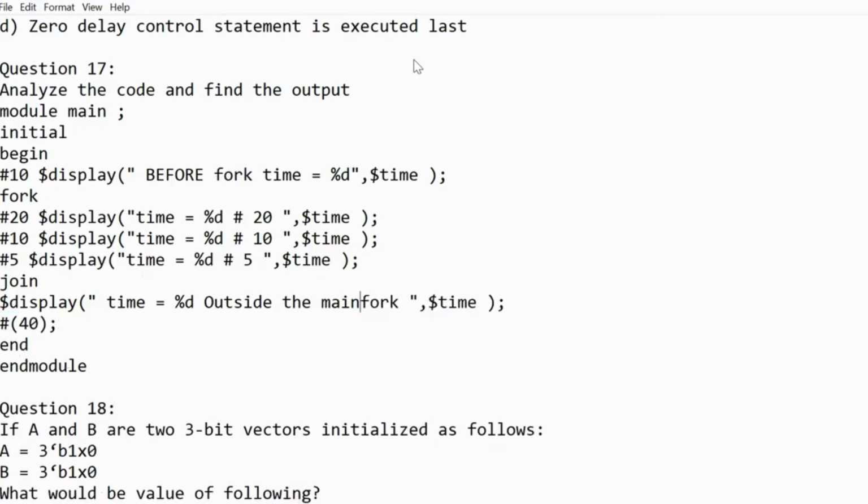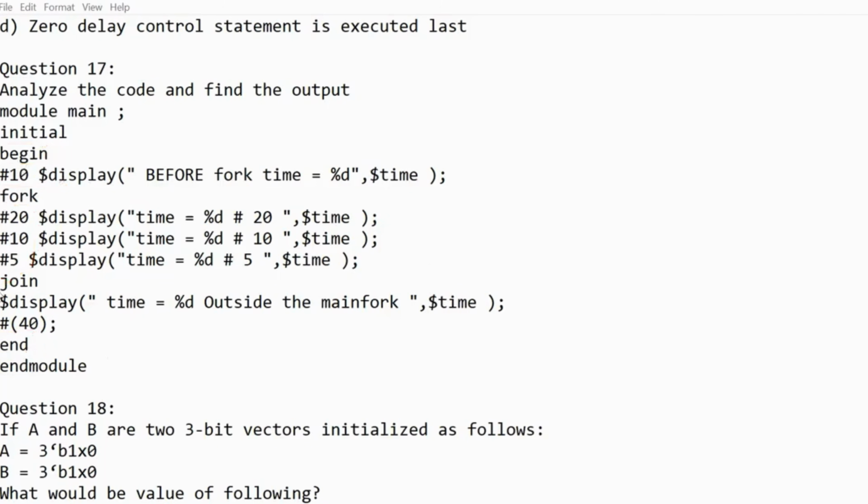What will be the output? First #10 is given, and then within the begin, the first statement is #10, and within the fork join, 20, 10, 5. So which statement will be executed first?